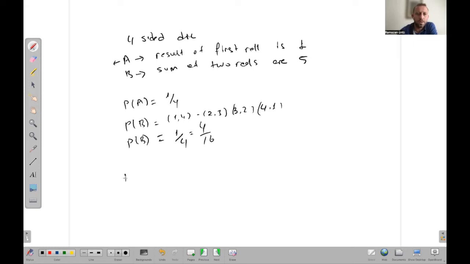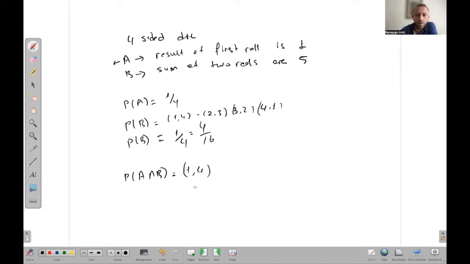Let's look at P(A intersect B). In this case, we need to look at the result (1, 4), right? Because it is the intersection of the two events, and the first event is that the result of the first roll will be 1, and if this is 1, the only value can be 4 in the second roll, so this is the only intersected point.